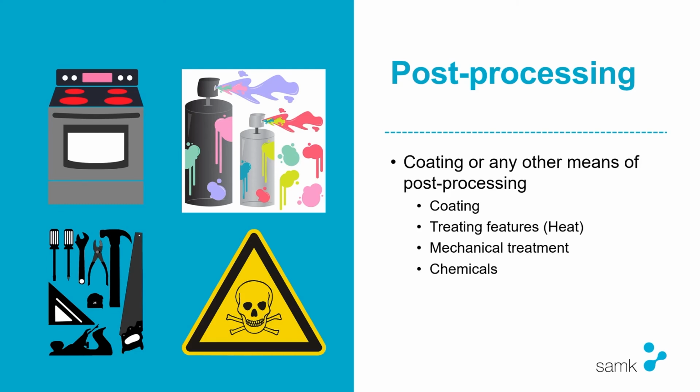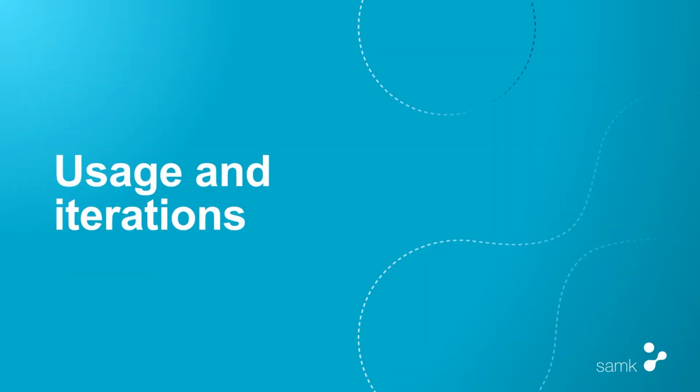For coating, you can use spray paint, lacquers, epoxy coatings or the like, or you can heat the parts in the oven to improve their properties, or, like mentioned just before, you can sand them for mechanical treatment, or use chemicals to smooth down the surfaces so that the parts look good.